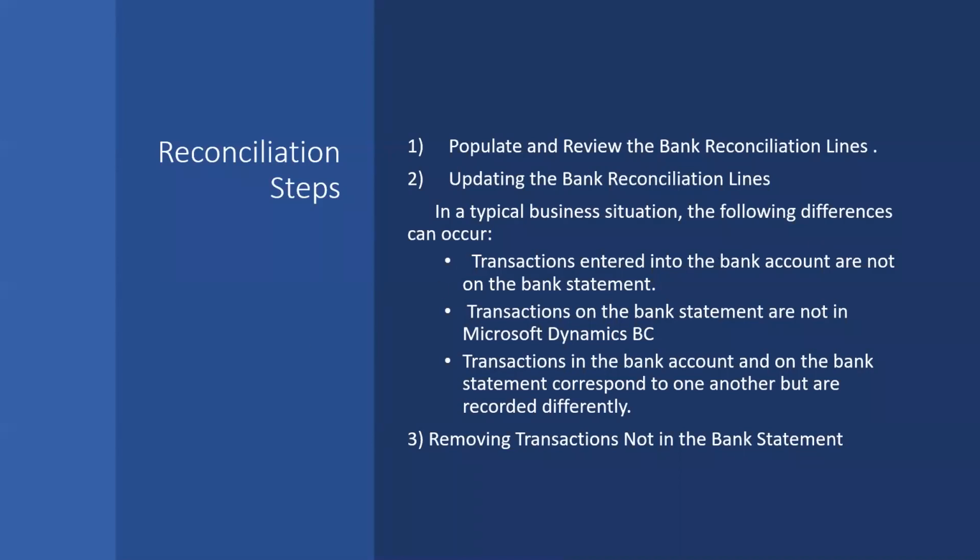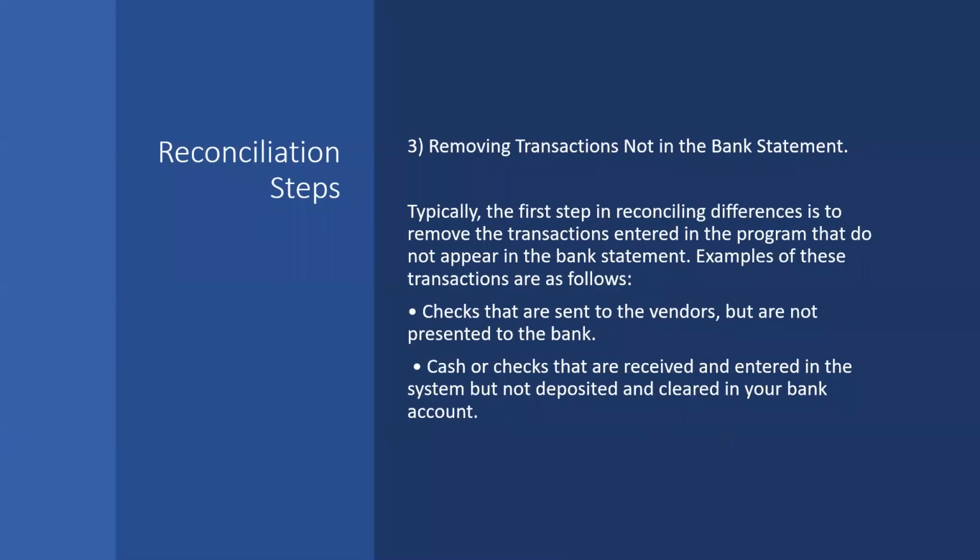That's part of the activities we have done today. Then removing transactions not in the bank statement. So typically the first step in reconciling differences, remember, there will always be different fees, interest earned, and I don't know, there might be conditions where you have different types of transactions not present in the ERP, or you didn't have a way to know these operations in advance.